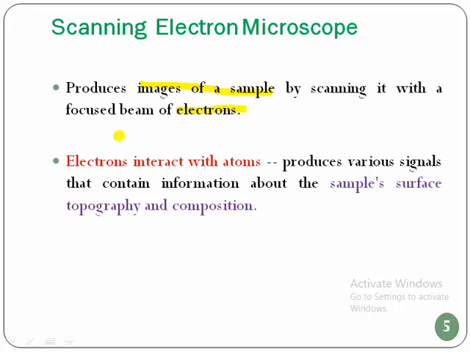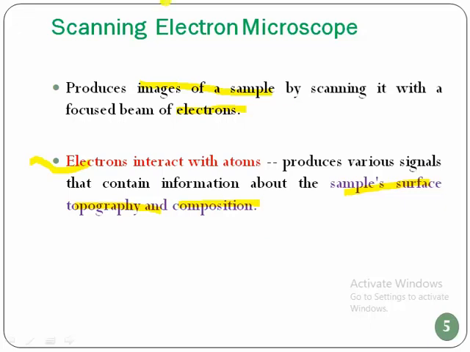The most important thing is how electrons interact with atoms, or how much the electrons interact with atoms. It produces various signals that contain information about the sample's surface topography as well as composition. So we can get these things by applying scanning electron microscope.